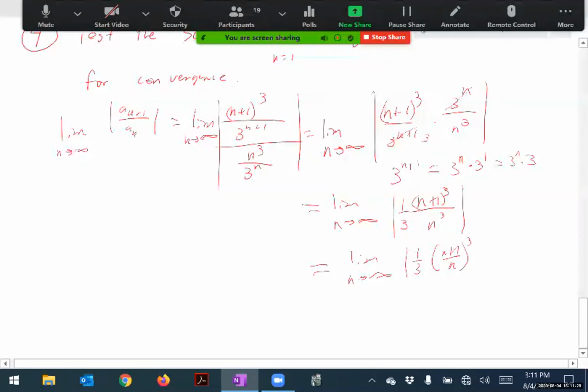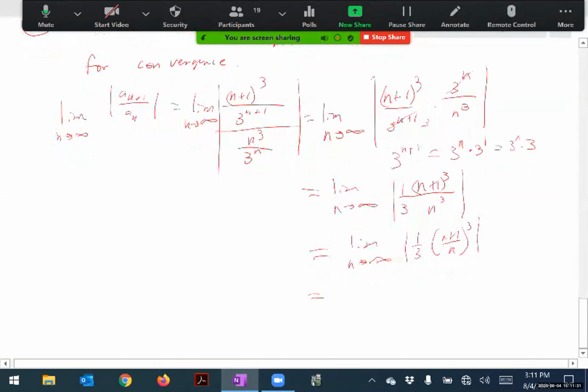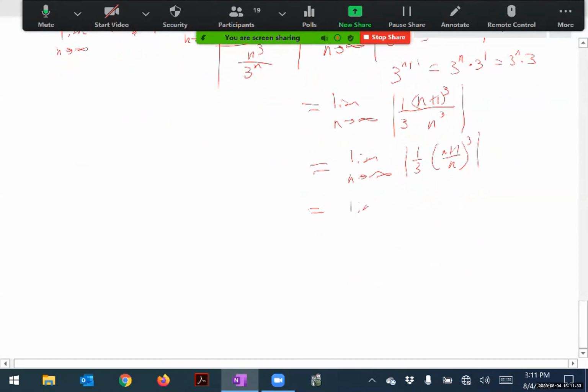Nice. This is equal to the limit as n goes to infinity of 1/3 times (1 plus 1 over n) to the 3rd power.